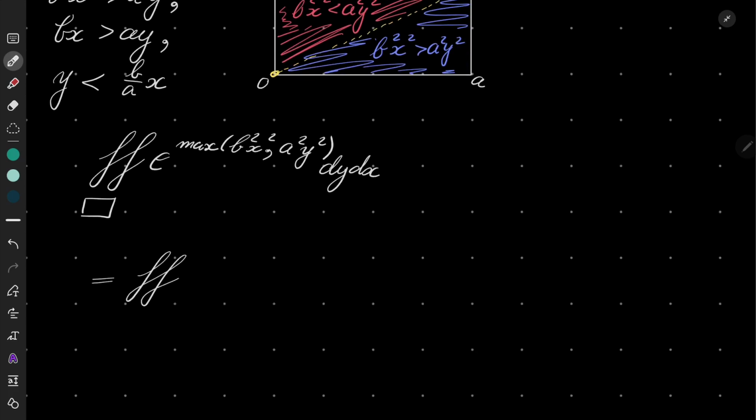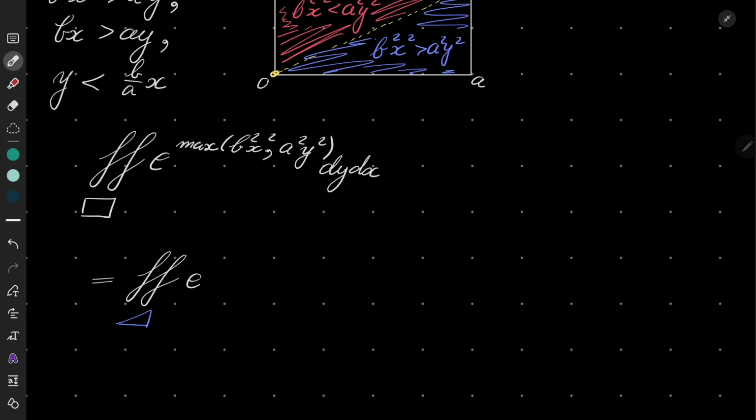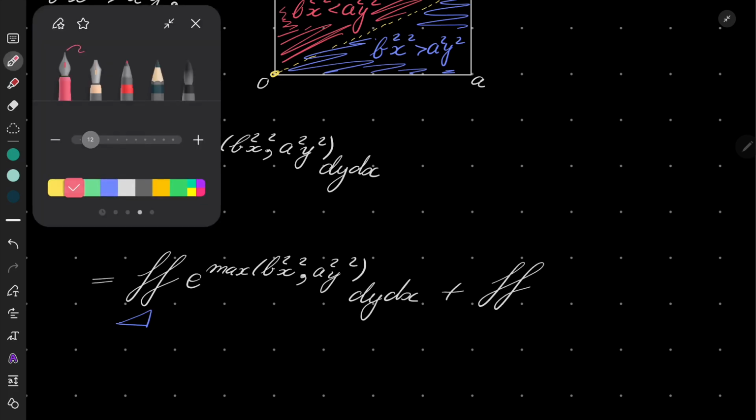The first integral will be over the lower triangle, and the second integral will be over the upper triangle.